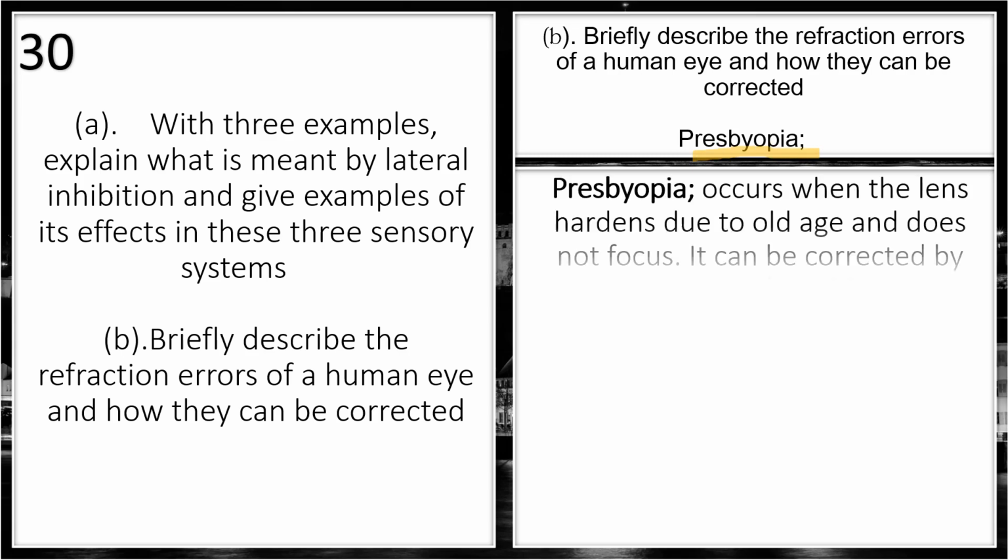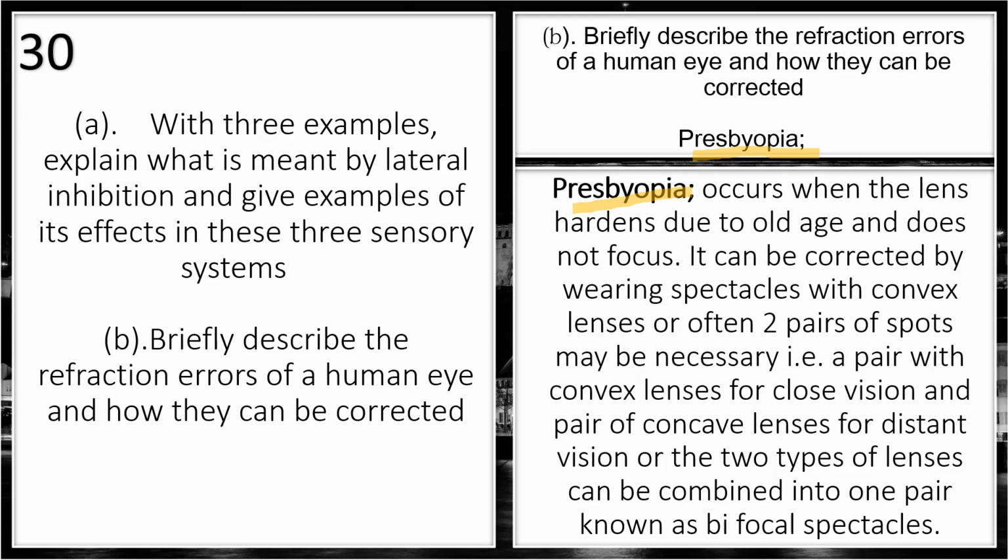Presbyopia. Presbyopia occurs when the lens hardens due to old age and does not focus, and can be corrected by wearing spectacles with convex lenses, or often 2 pairs of spectacles may be necessary, i.e. a pair with convex lenses for close vision and a pair with concave lenses for distant vision.